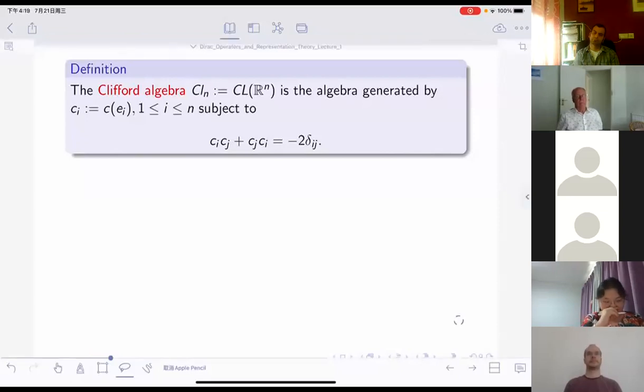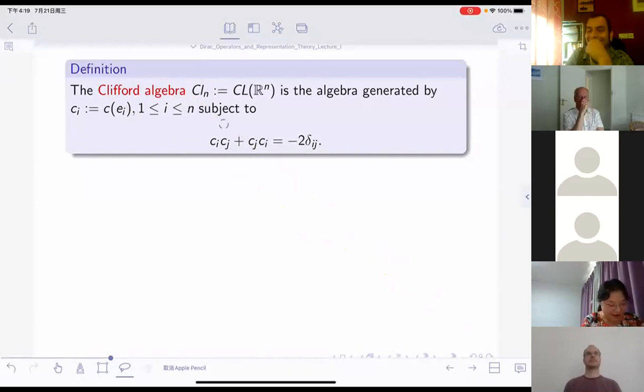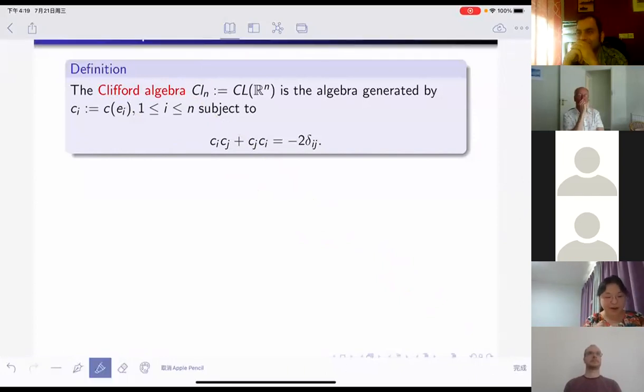So by saying Cl_n is a Clifford algebra, we say that it is a map going from R^n to an algebra. The notion of the Clifford algebra is trying to define a multiplication of vectors in R^n.